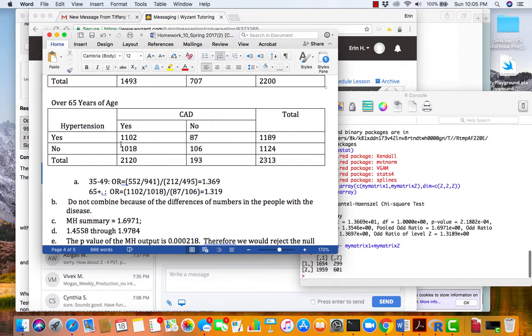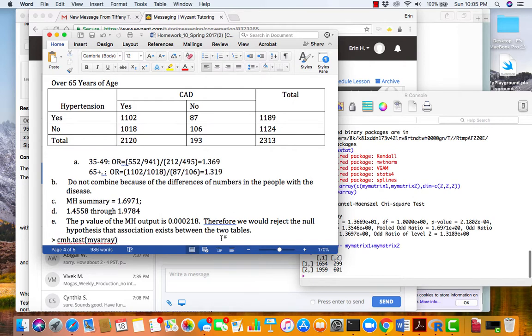But we did run the Mantel-Haenszel test, which I can still never pronounce. Here's the pooled value, and the R output is a little bit below. I'll talk about it in a minute. So there is the pooled value. Here is the 95% confidence interval for that ratio.